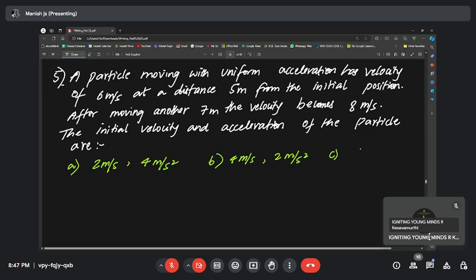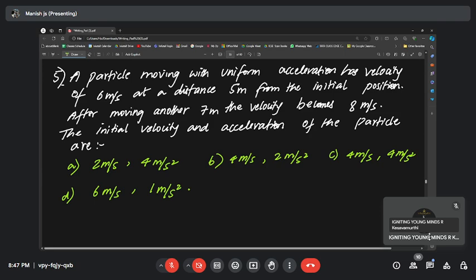Option C, 4 meters per second and 4 meters per second squared. And option D is 6 meters per second and 1 meter per second squared. These are the options. Read the question carefully.